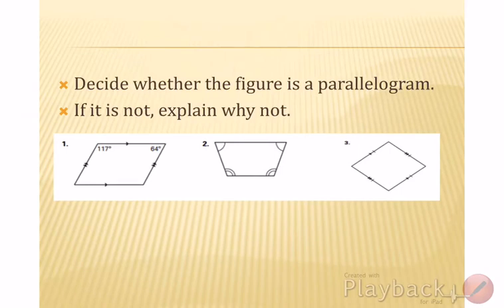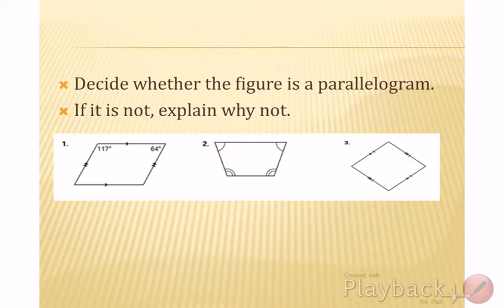Decide whether the figure is a parallelogram. If it's not, explain why not. You see two angle measurements of 117 and 64. You add those two, you get 181.